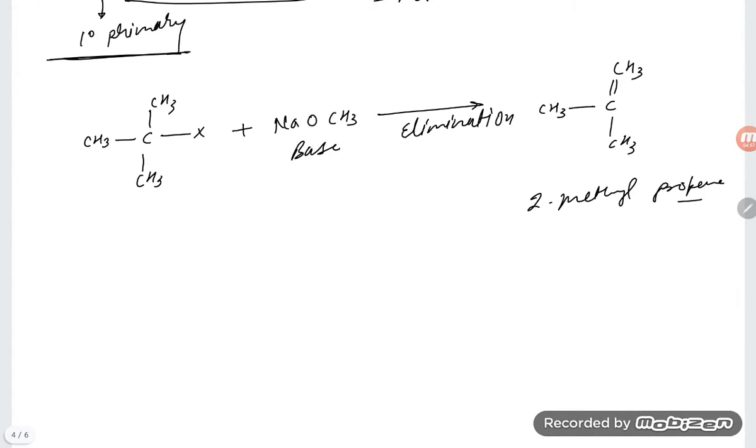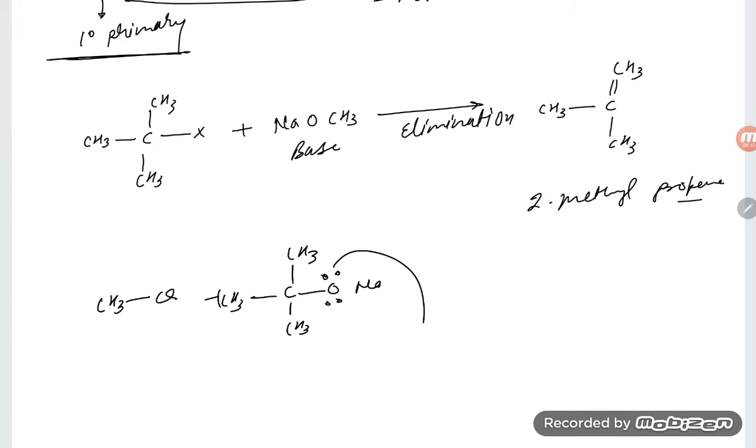Now see the other form, student. Suppose you take CH3Cl and here a 3 degree base, (CH3)3CONa. This is a strong base, it will attack and the chloride is lost.